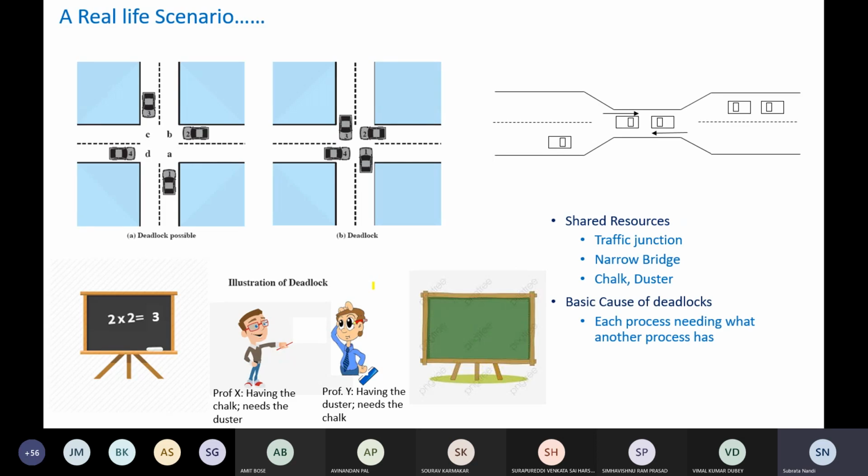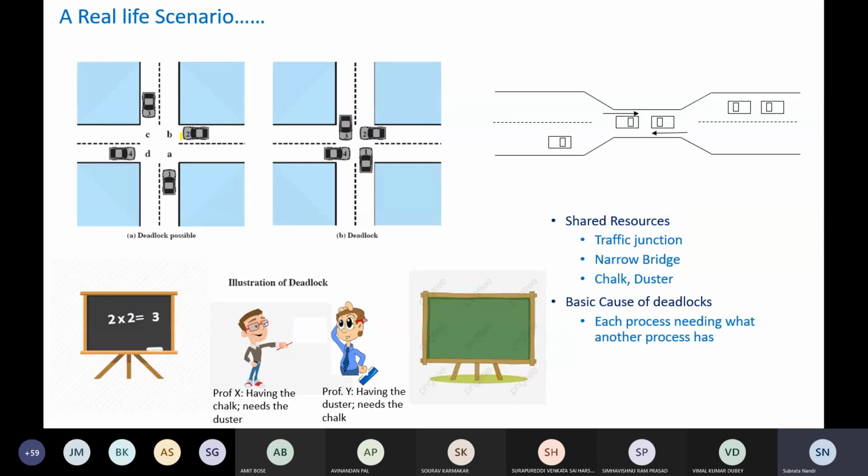So these real world scenarios are pretty easy to understand. In the first one, at a traffic junction, there are cars coming from all four sides, and there is a possibility of deadlock if all four of them approach the junction.